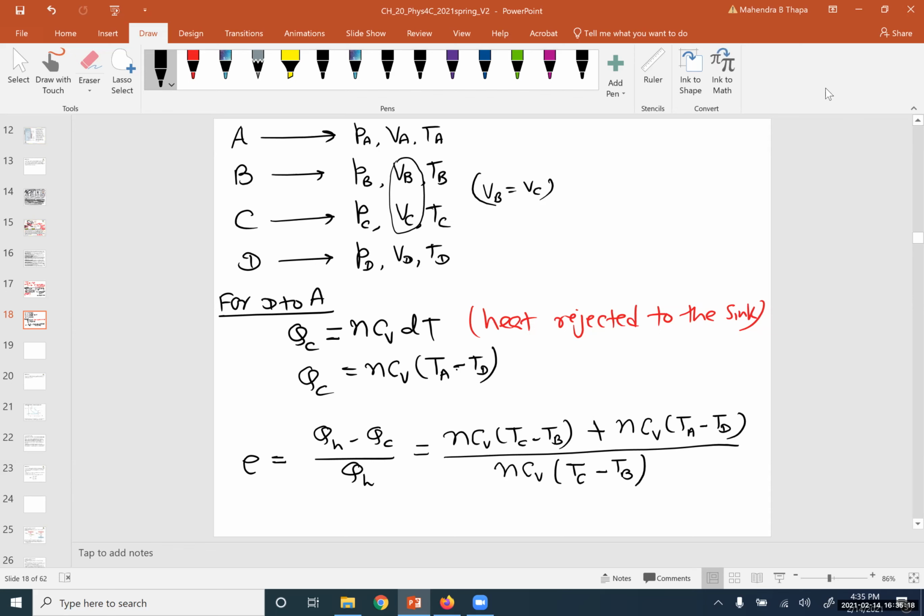Okay, so we can write it this way. Be careful with this plus symbol here, because of this region.